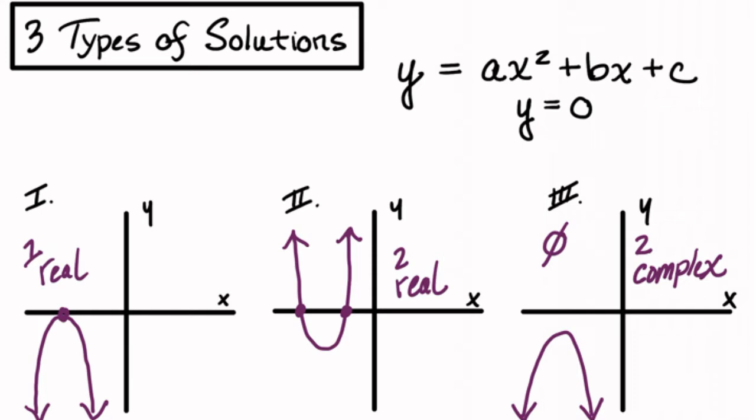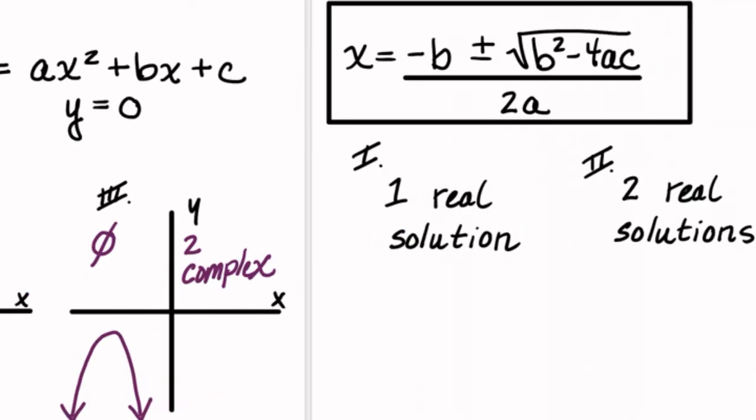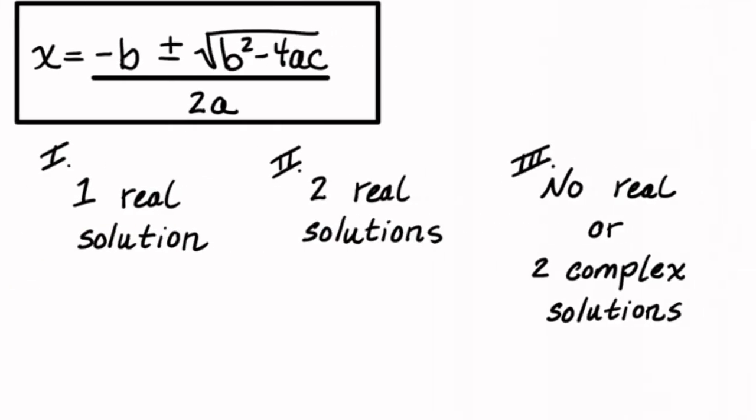All right, let's get a little bit more specific, though. Let's talk about how the discriminant can actually tell us that's going to happen without having to graph the equations. So in scenario 1, one real solution, how would the discriminant tell us that that's about to happen before we solve for it? Well, in that case, our discriminant, b squared minus 4ac, is simply equal to 0. Now, why would that create one real solution?